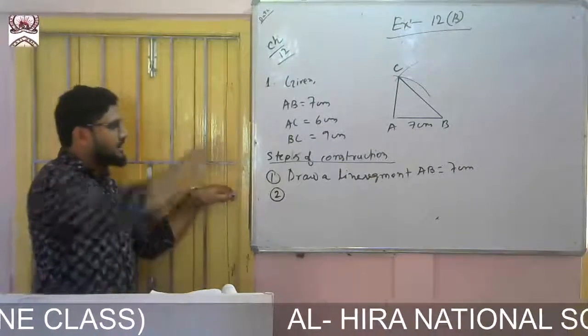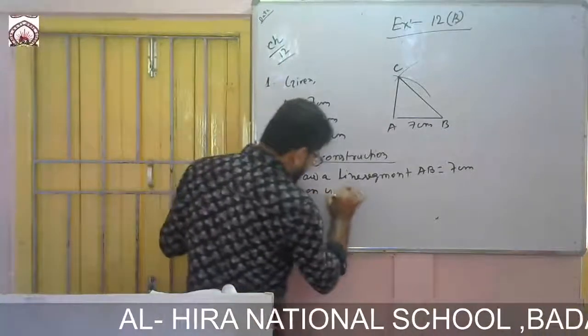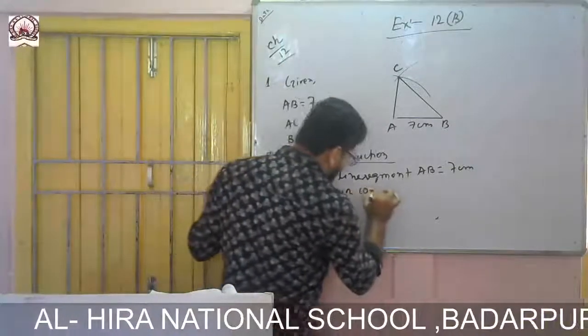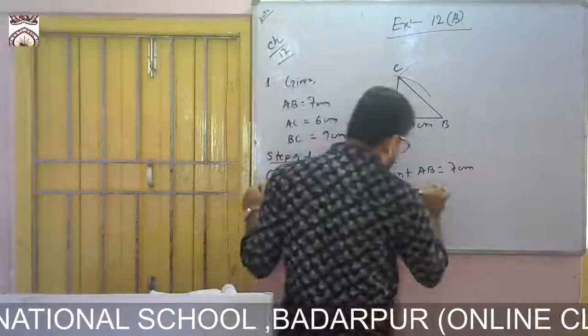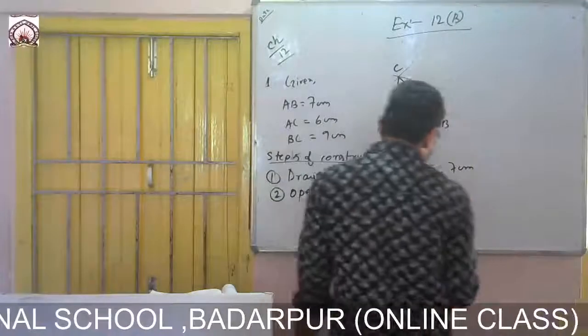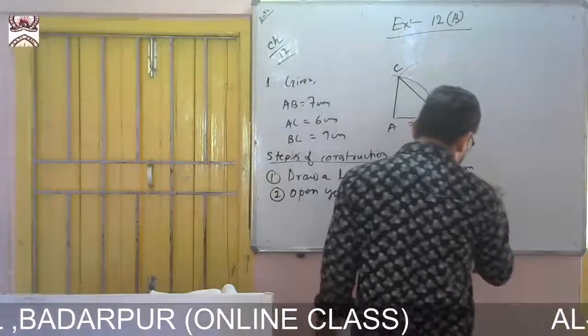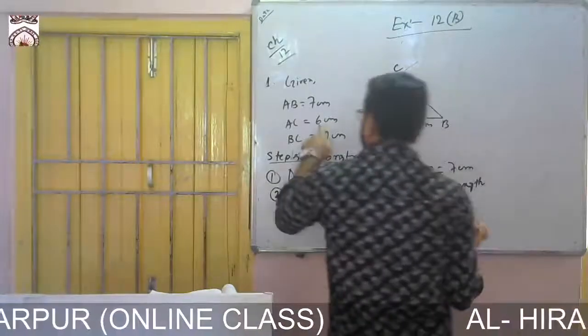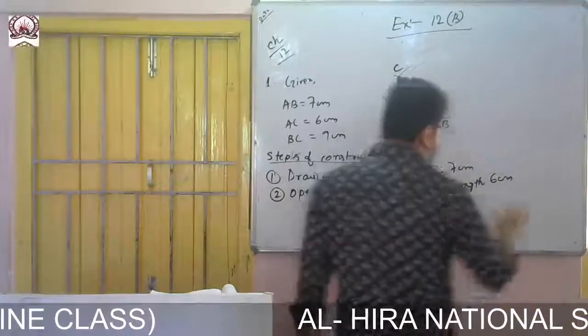Now open your compass and take a length of 6 centimeter from the ruler.